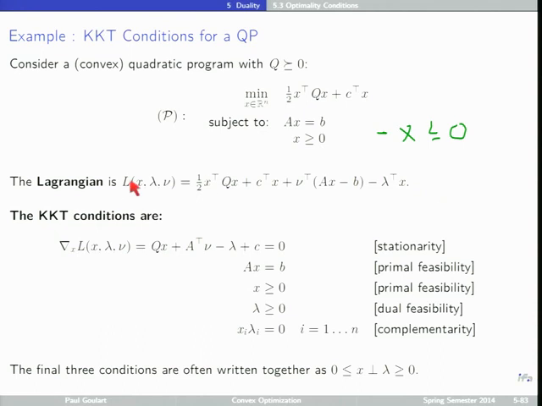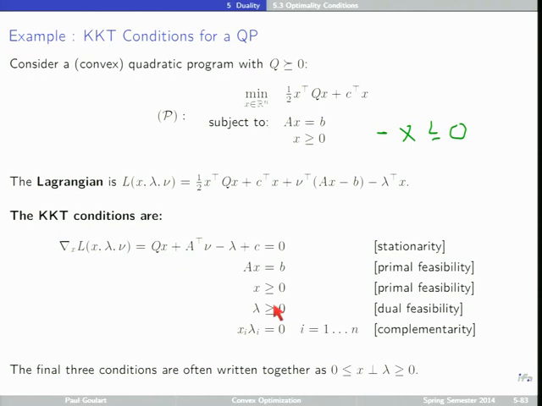This is my Lagrangian. And now my four conditions are that I have to have primal feasibility, so the constraints in the primal problem P have to be satisfied. I have to have dual feasibility, so the lambdas have to be greater than or equal to 0. And then I have to have complementarity.